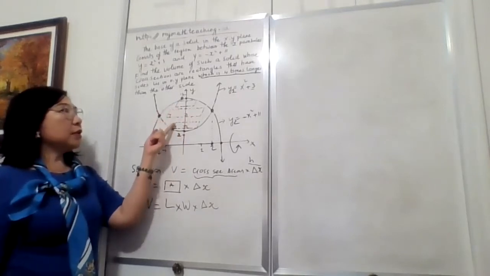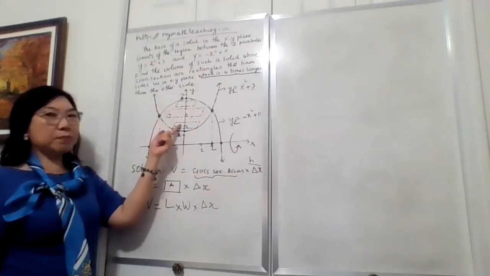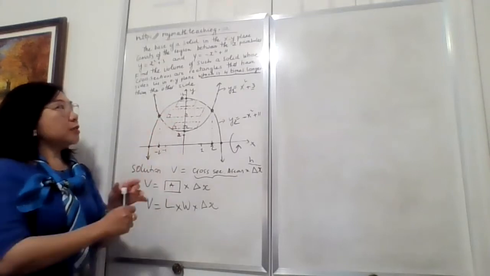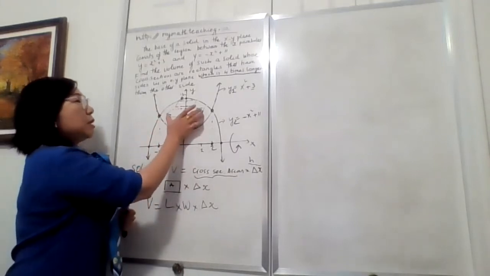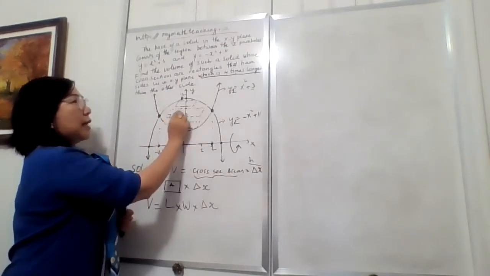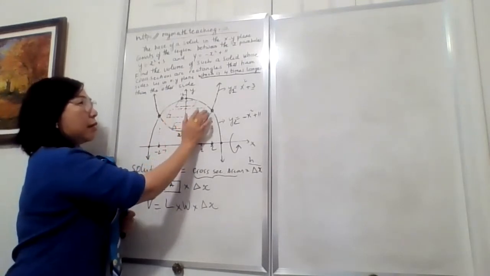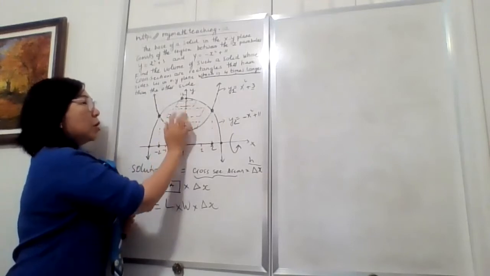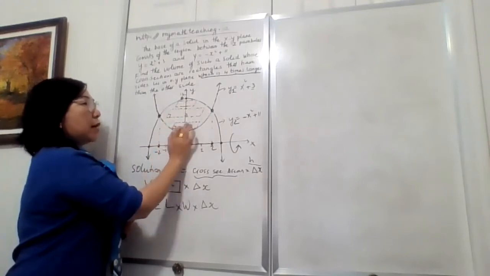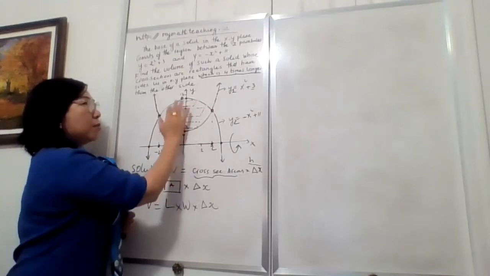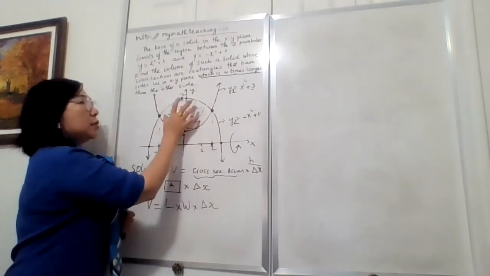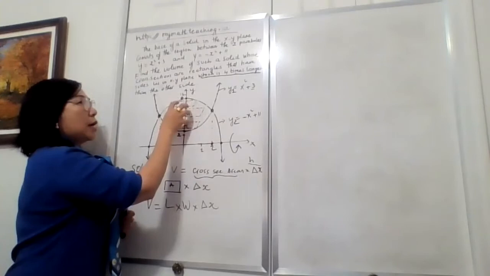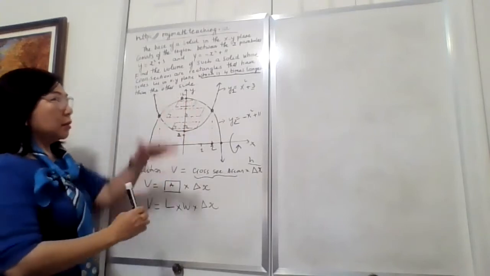I have three rectangles with three different shapes. The one in the middle is bigger, and its length is longer, right? The one at the bottom and the top is smaller, with a shorter length and a smaller width.